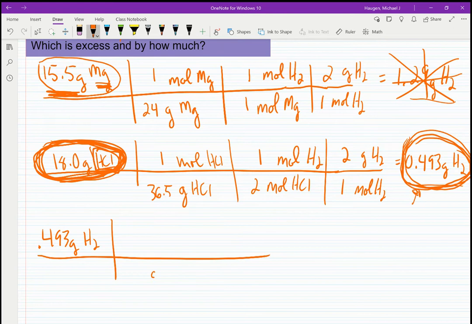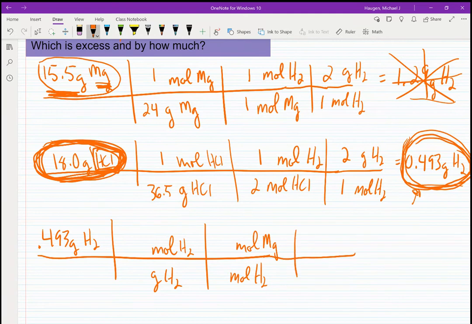I can go from grams of hydrogen into moles of hydrogen, and then moles of hydrogen into moles of magnesium, and then moles of magnesium into grams of magnesium.